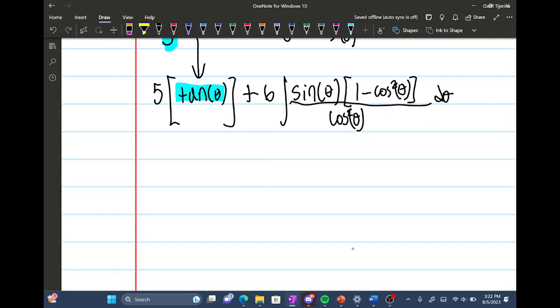We're going to split this up again. So what this becomes is the following: 5 tan theta plus 6 times the integral.